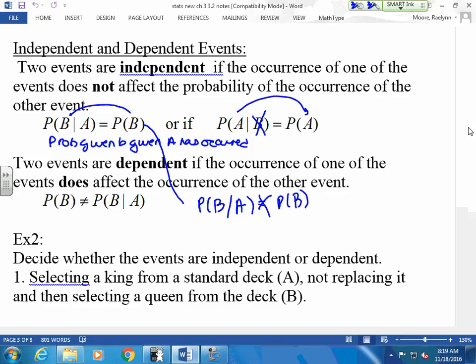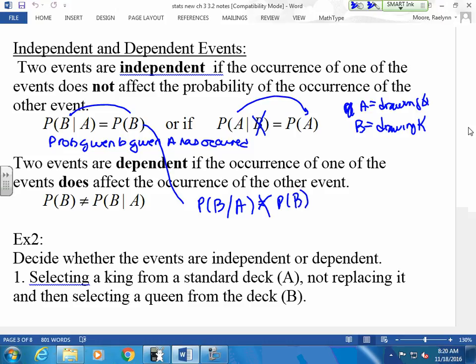So let's take case in point. Event A is drawing a queen. Event B is drawing a king. Stay with me to work this out. I need you to understand this, because just looking at these little letters up there is confusing.